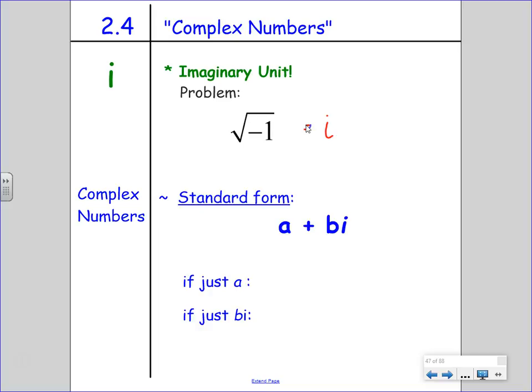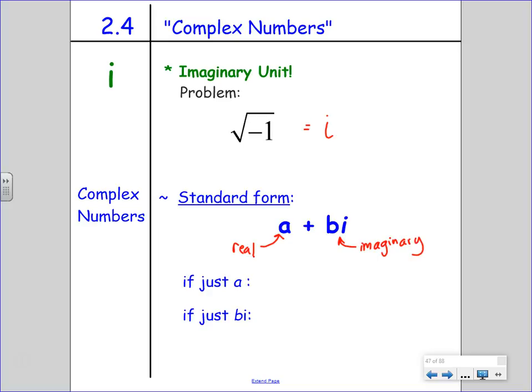Now, the standard form of a complex number. Who's a complex number? A complex number is a number that might have both a real component, no i, and an imaginary component. And that imaginary component can have a coefficient, that's not a big deal.